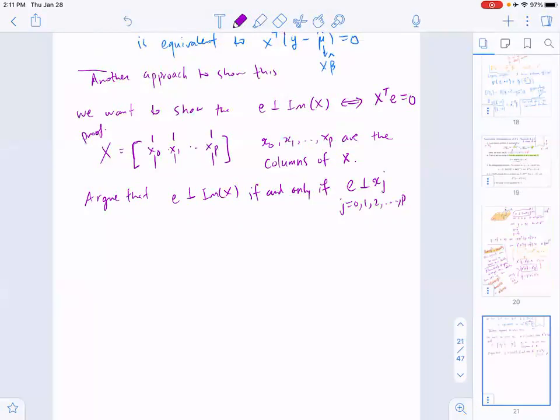So it's necessary and sufficient that E is orthogonal to all these columns.